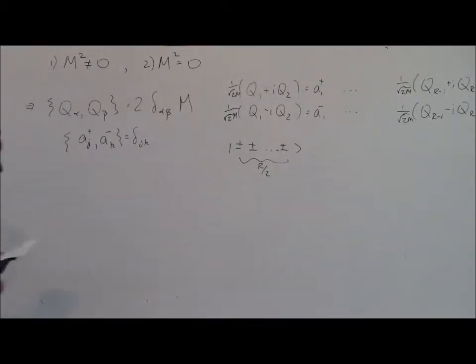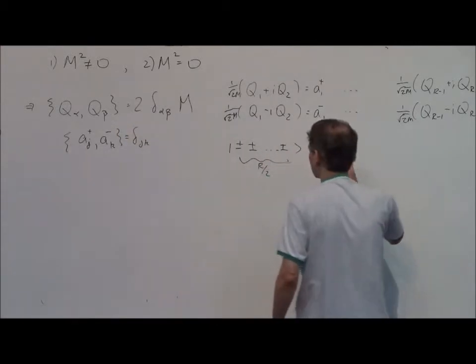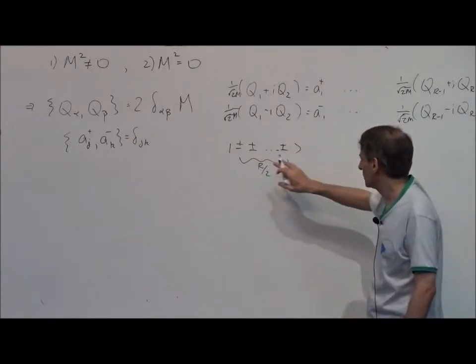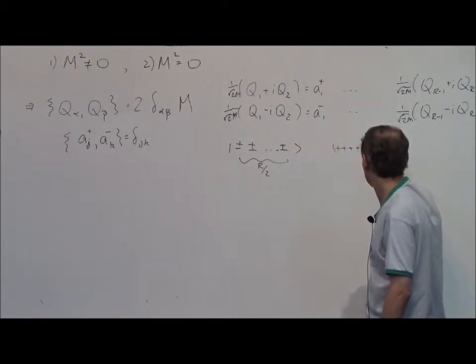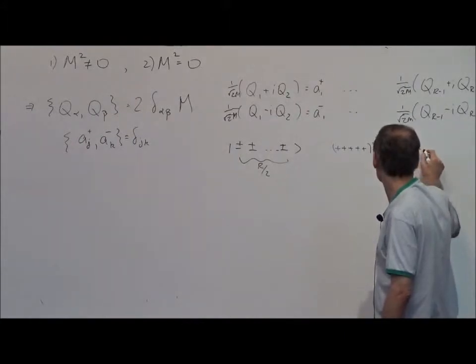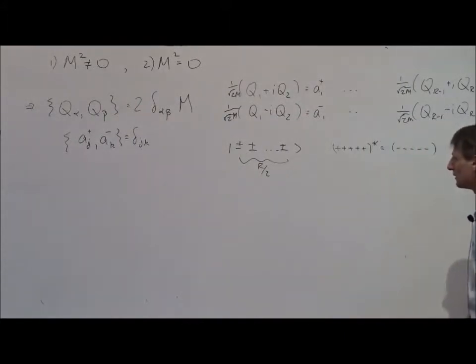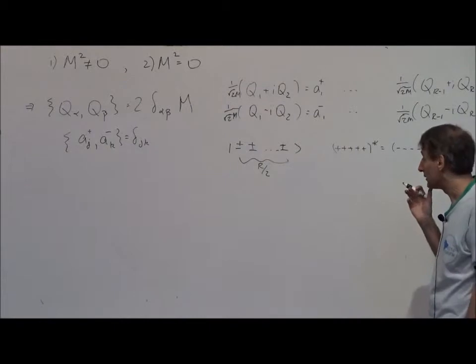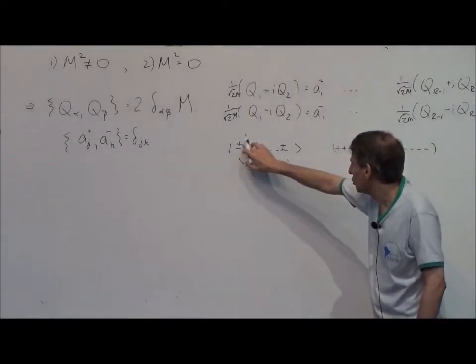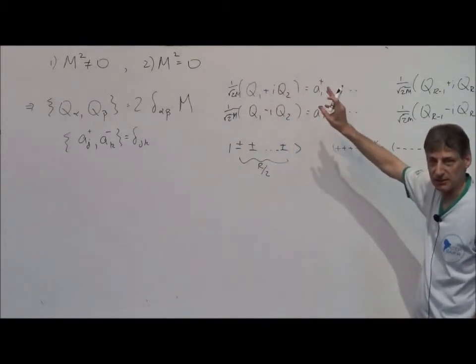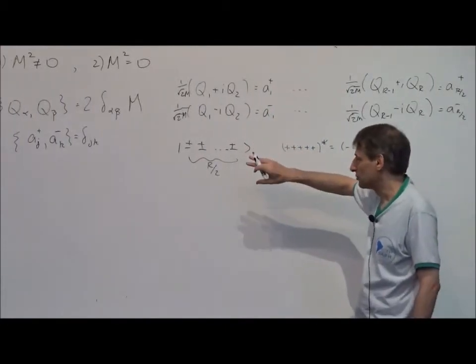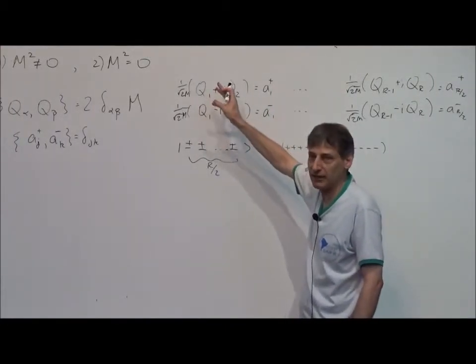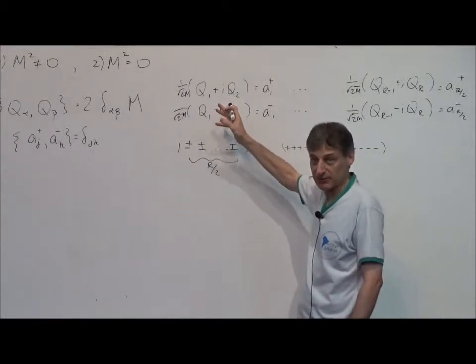Now, what you would like is that the complex conjugate of plus plus plus plus is equal to minus minus minus minus. But now we have to be careful because Q changes the statistics. If it was a boson, acting with Q gives a fermion. So before, acting on this changed the chirality. Now it changes the statistics.